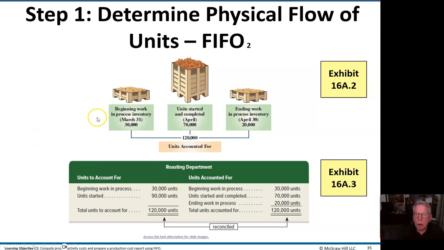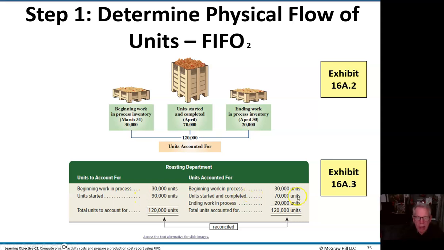Now, here's our beginning work in process. The units started and completed, 70,000, and the ending work in process, 20,000. So the units accounted for 120,000 units. So if we look at that, here's our 120,000 units, beginning work in process plus the units started.